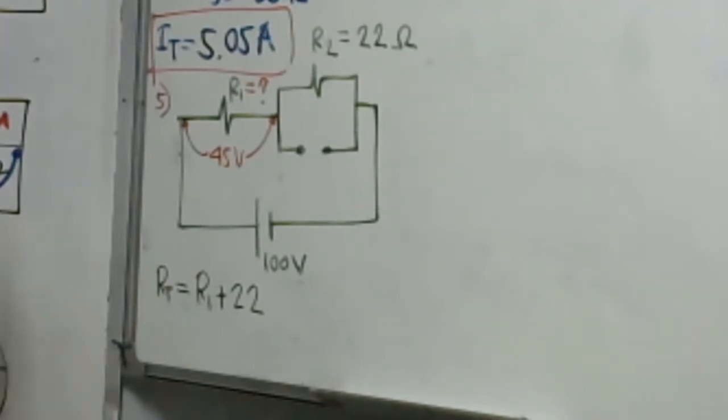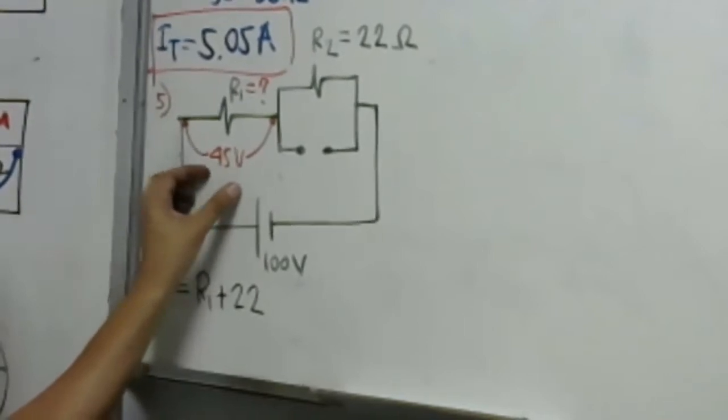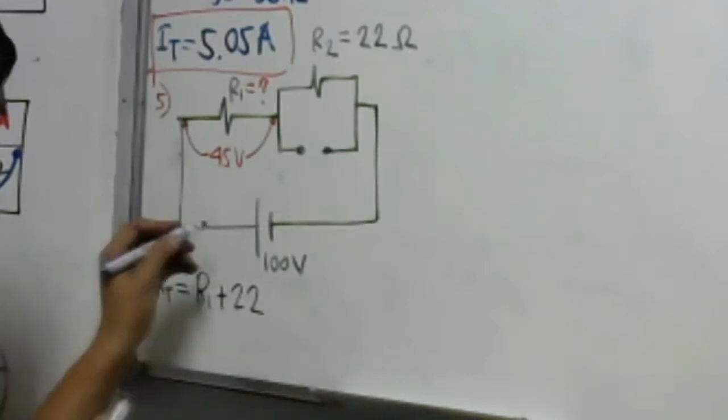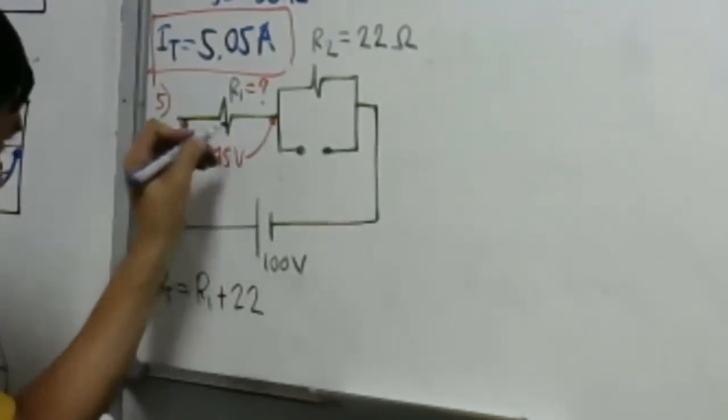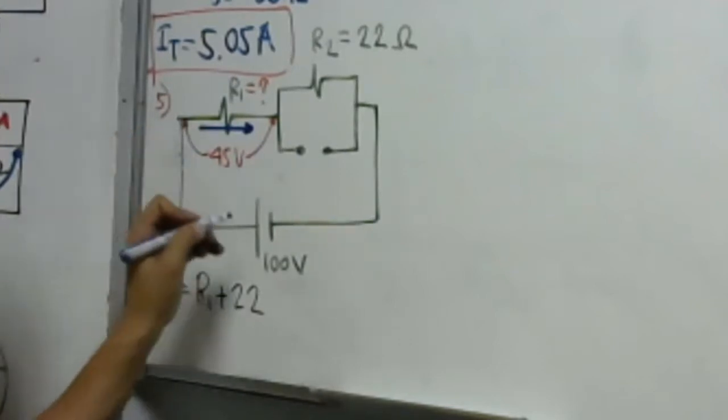Then, what is our total current? Remember, we have here a 45 volts across here. There is a total current flowing from the source. This is the total current.